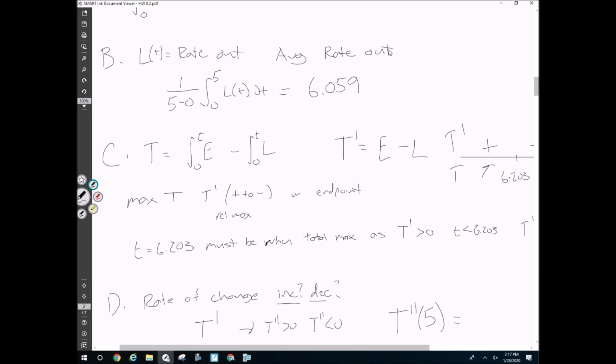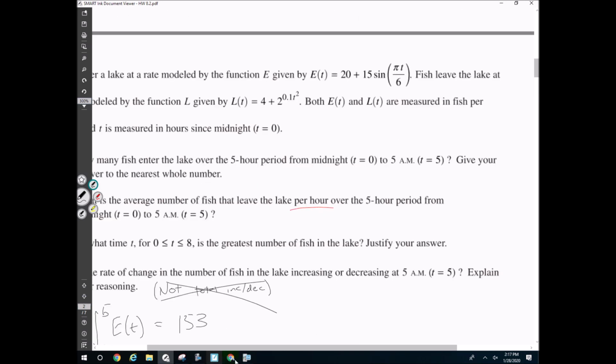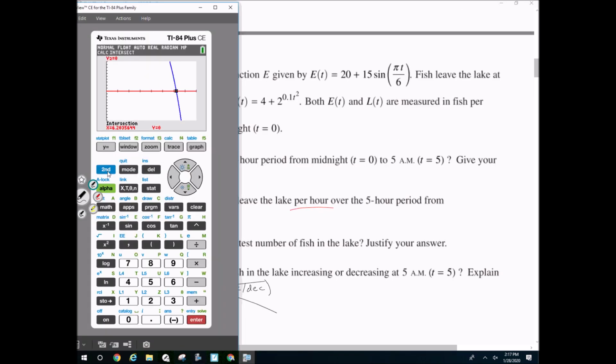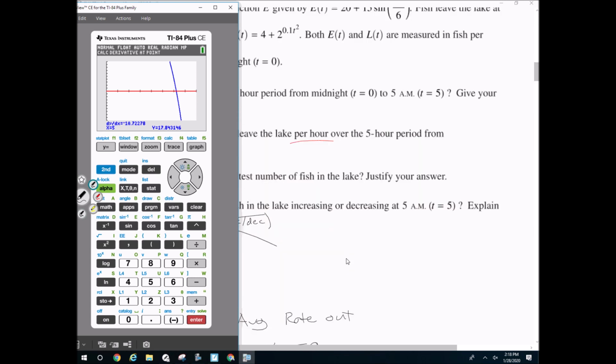T prime is E minus L. So I'm going to have to go in my calculator. I have E minus L already graphed, which is nice. I'm going to second calc the derivative at 5. And I get negative 10.722.